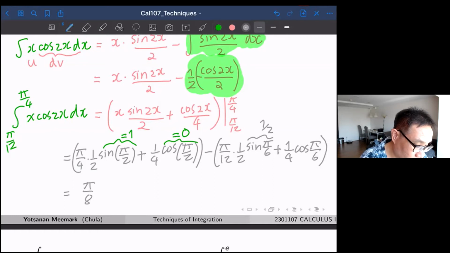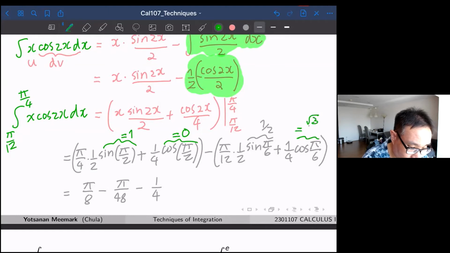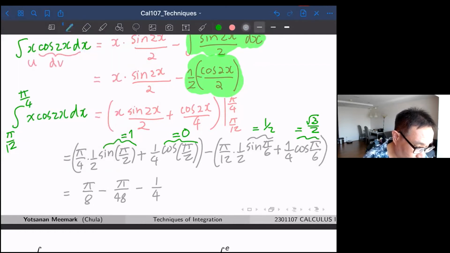So it's going to be minus pi over 12 times 4, which is 48. And you get minus 1/4, and cos pi over 6 is equal to square root 3 over 2. So you get 1 over 2, and it's going to be root 3 over 2.